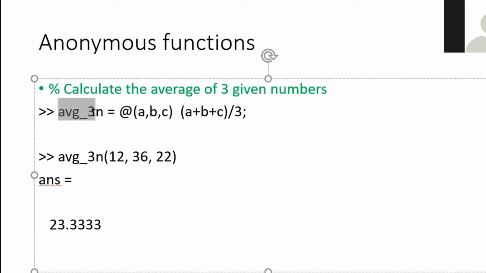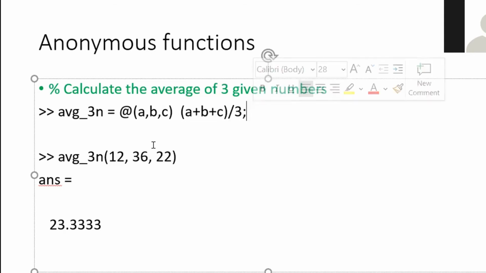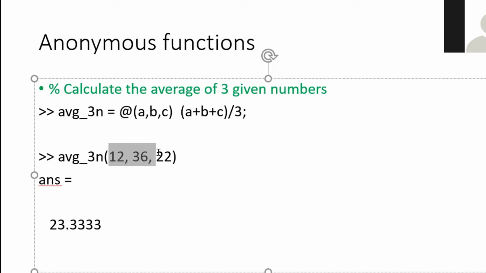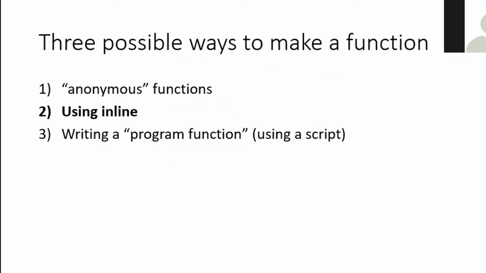So we have the name of the function, then argument number 1, argument number 2, argument number 3, and then the actual command. And then you just call the function listing here your variables.